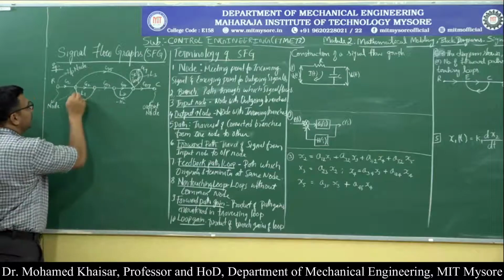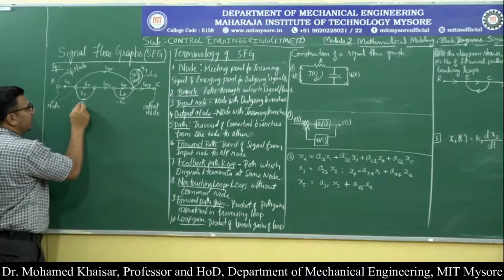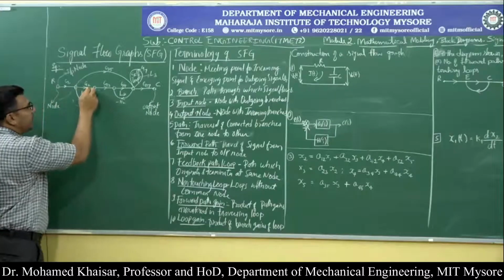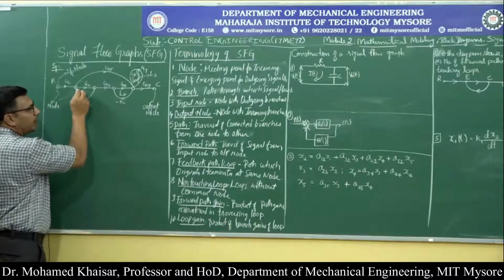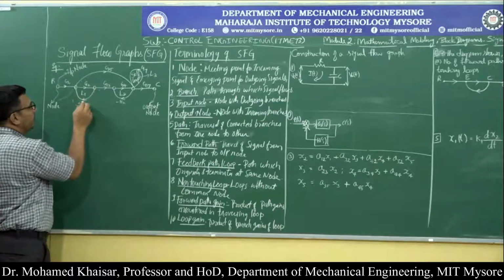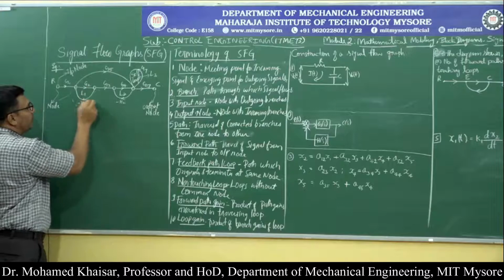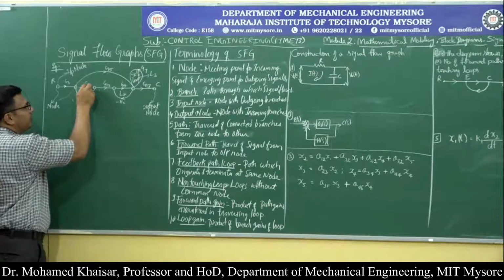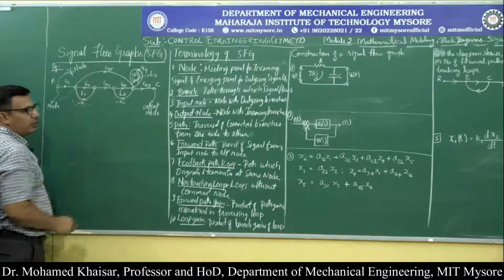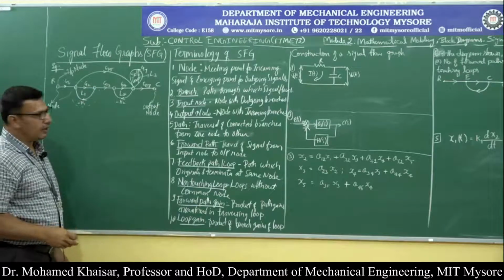Then from here going back to this node, it has minus H1. To get the loop gain, multiply the gains along the path of the loop. So G2 multiplied by minus H1. For this loop, the loop gain will be G2 into minus H1, which gives you minus G2 H1.